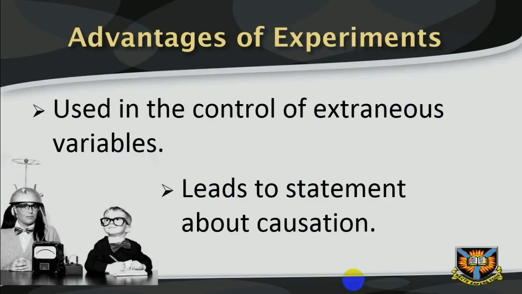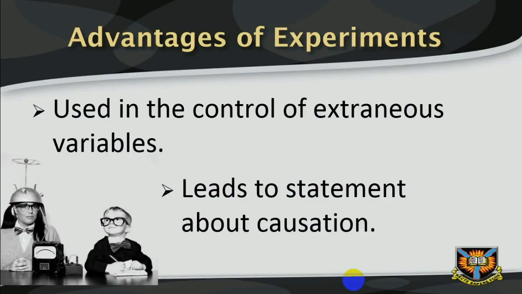As the levels of the independent variable are changed, the resulting differences in the dependent variable can occur only because the independent variable has changed. In other words, changes in the independent variable cause the observed changes in the dependent variable.